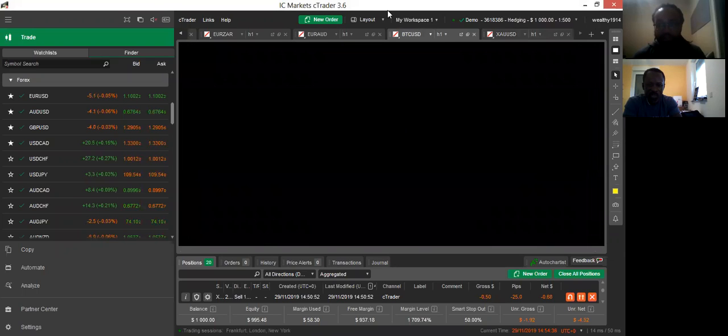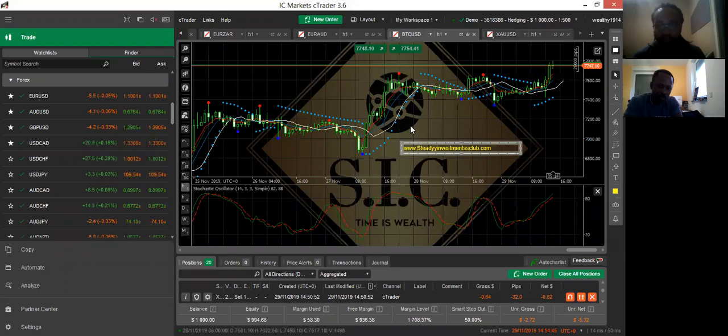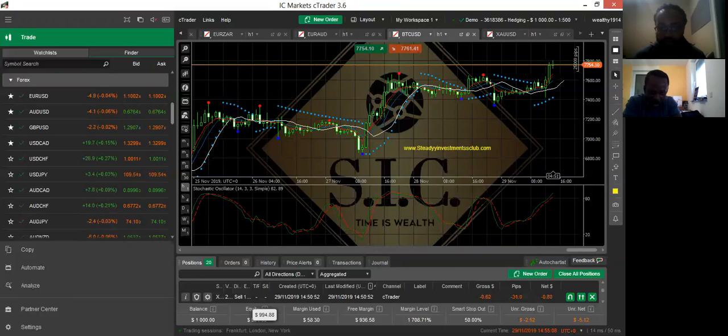Okay, so we do have a program. If you point, Mr. Carson, to the number position we are in, as you all can see, we are in 20 position, I think it says. Yes, and the system is programmed. If you look at the bottom where it says balance and equity, the balance is $1,000. The equity is reading right now at 994, I believe.